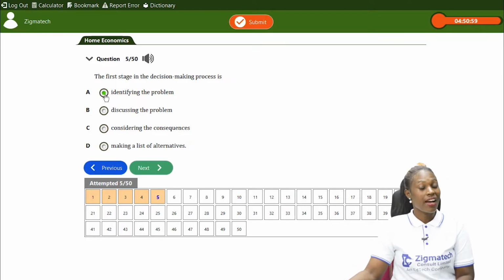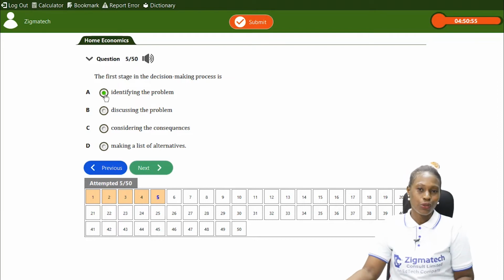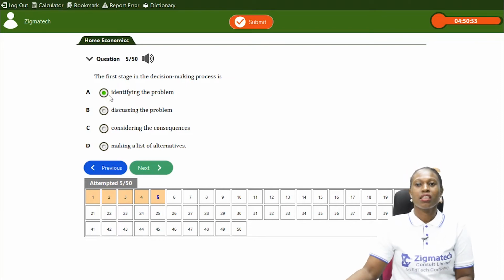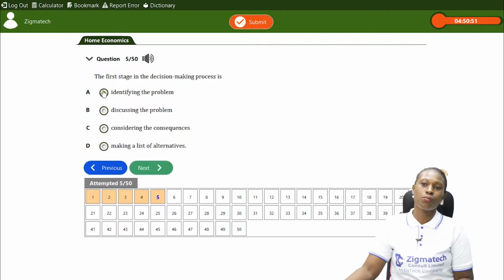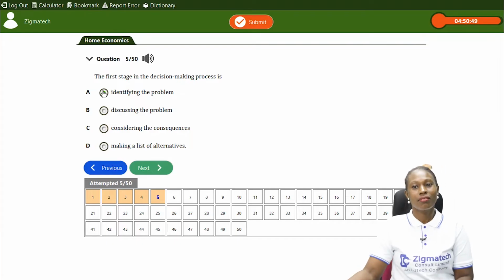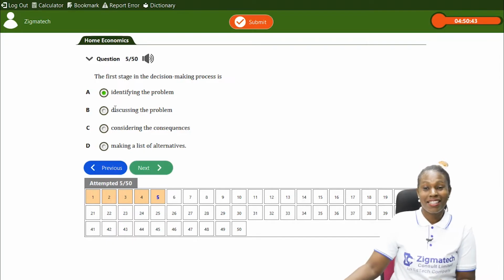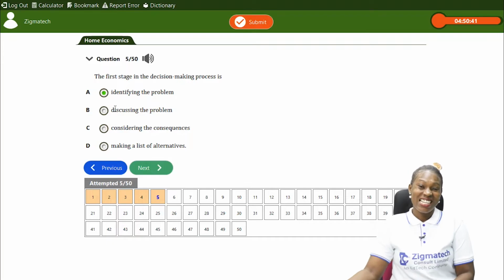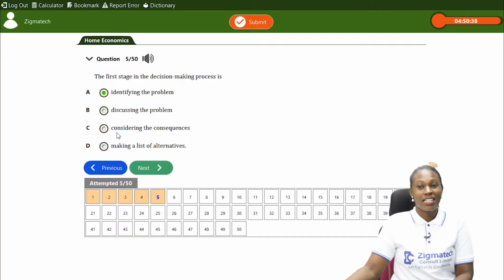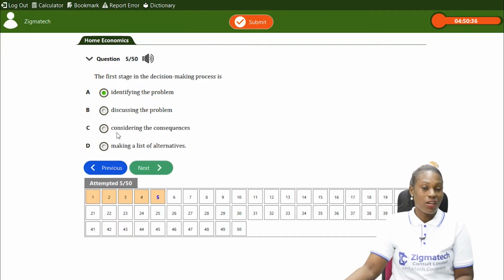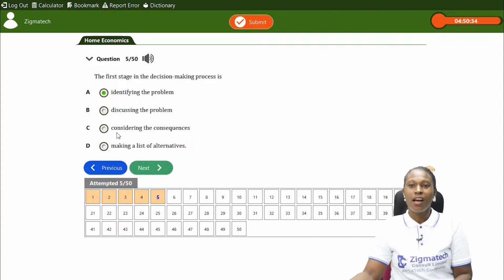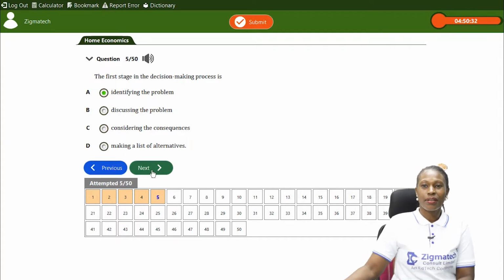When you're able to identify the problem, then you can work out modalities and how to solve them. So yes, the first stage in the decision-making process is identifying the problem. You must know what the problem is before you proceed to maybe discussing it, making a list of alternatives, and then finally considering the consequences if there are no changes. Okay, now let's move on to the next one.